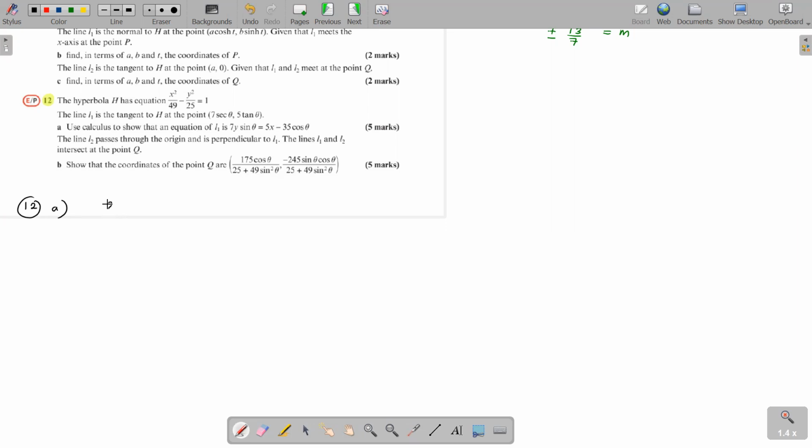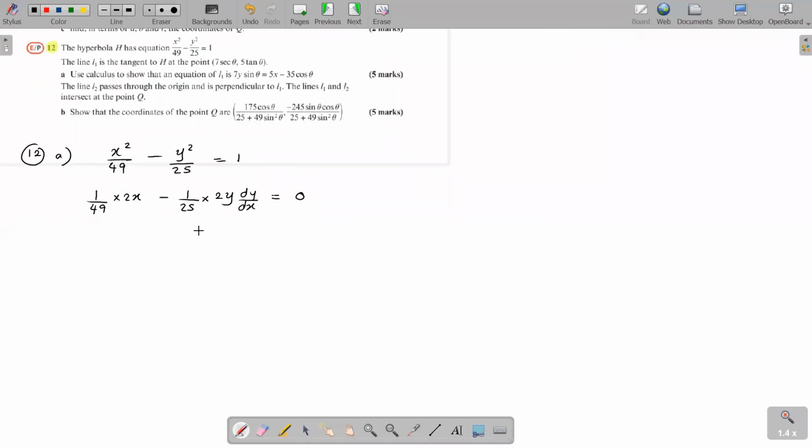Differentiating it. Okay, x square over 49 minus y square over 25 equals 1. Let's differentiate. So 1 over 49, x square differentiation is 2x, minus 1 over 25 times y square differentiation is 2y times dy by dx equals differentiation of 1 is 0. Okay, so then let's rearrange this.